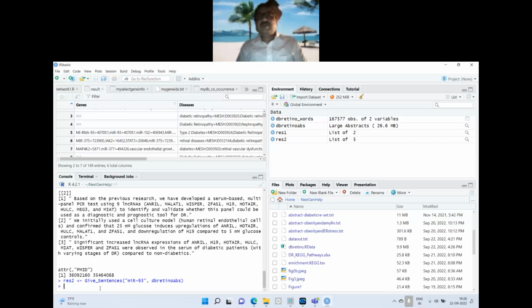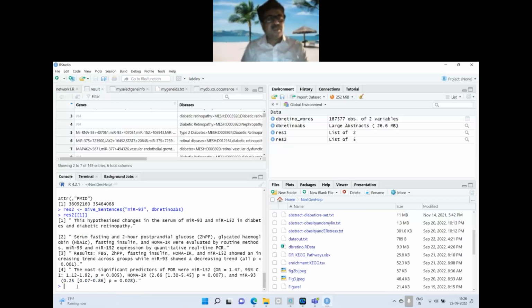Okay, here we can see some data has come. List of 5, meaning from 5 papers. So that's number 1, and let's see what it mentions here.